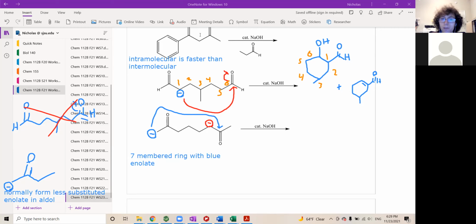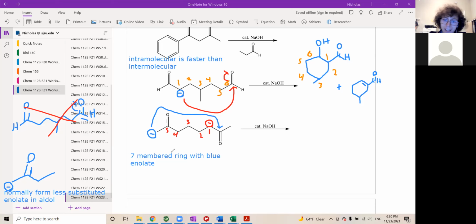And then if you number from the red one, this is 1, 2, 3, 4, and 5. So that's a 5-membered ring. And I had a true/false about this earlier. 5- and 6-membered rings are the most stable. If you have a choice between 5 and 6, 6 is more stable. But both of them are pretty happy and they're better than anything else.